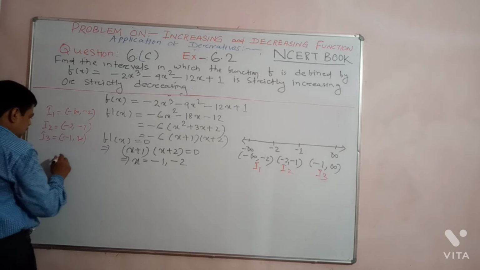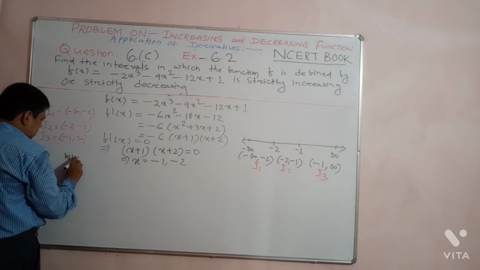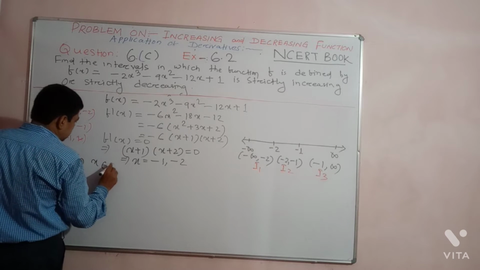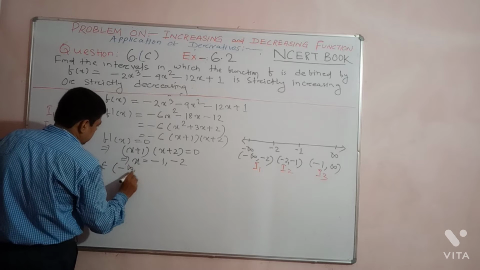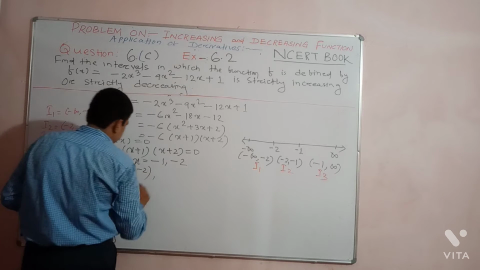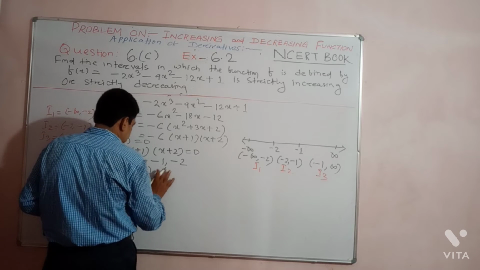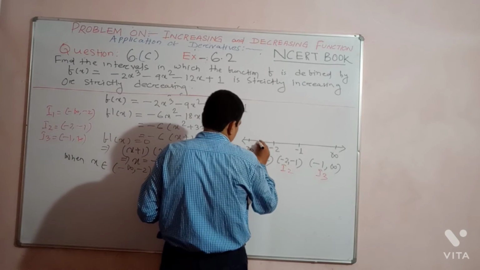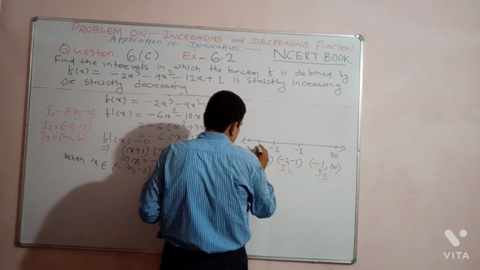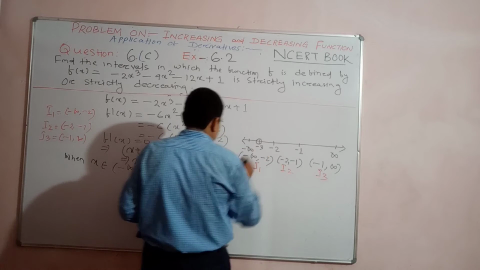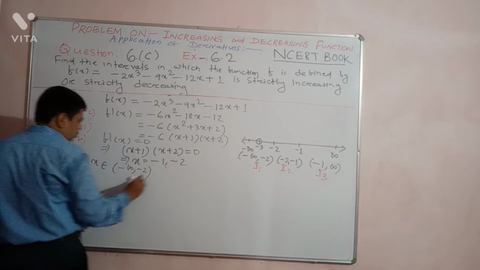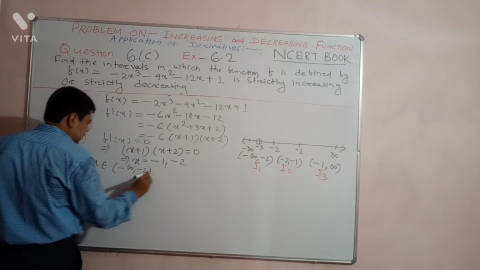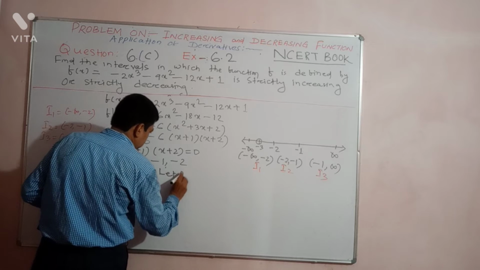Okay, so when x belongs to the first interval (-∞, -2), let's suppose a number, let us take -3. So let x = -3.